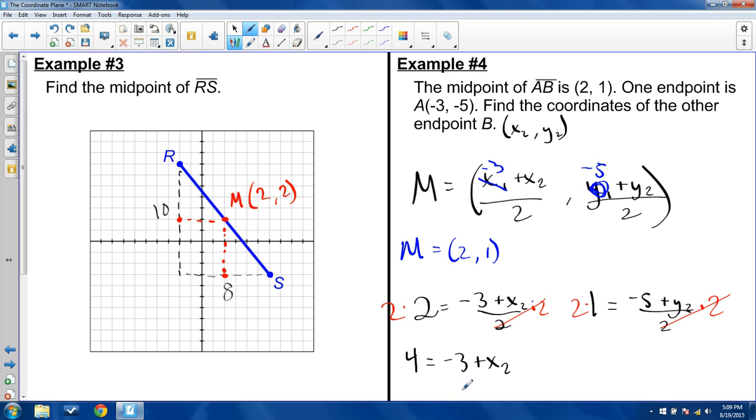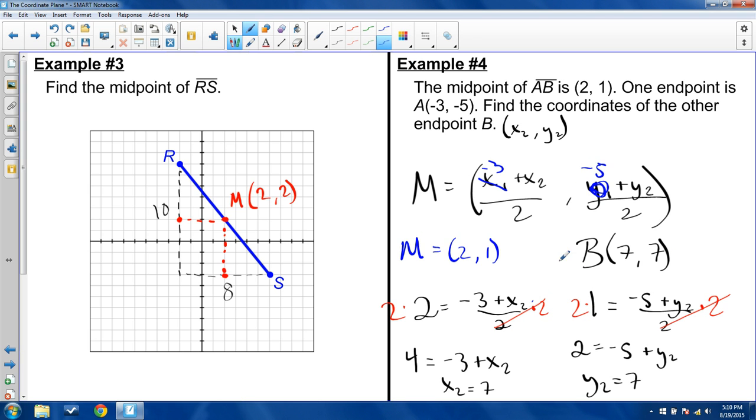Add 3 to both sides and you'll get x2 equals 7. And over here, you'll get 2 equals -5 plus y2. Add 5 to both sides and y2 is also equal to 7. So your location of endpoint B is at 7, 7.